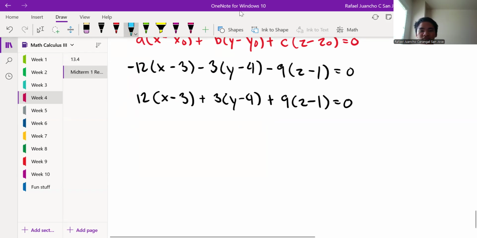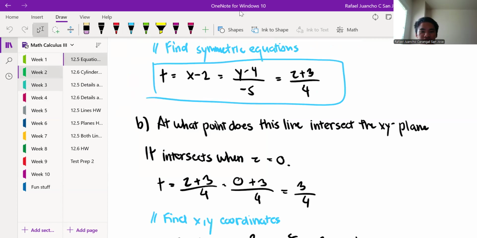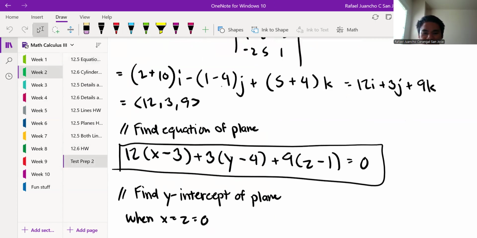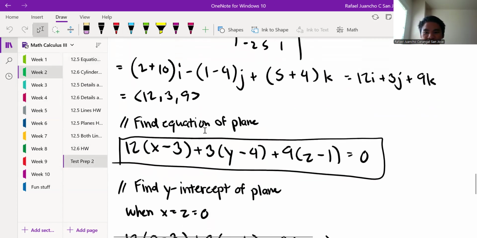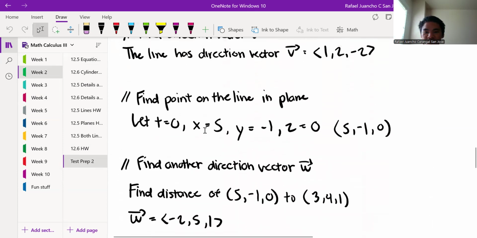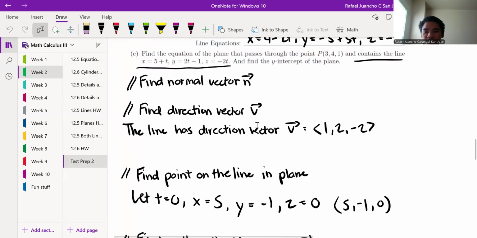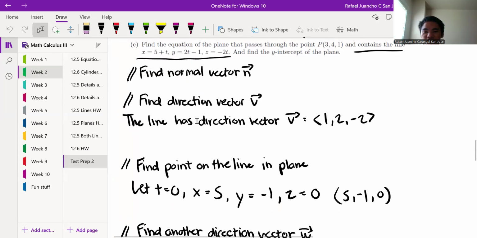I probably solved it a different way. I'm not super sure. I totally forgot how I did. Okay, so I did get the exact same thing. But how did I do it before? Also, I found a normal vector n. I need to find a direction vector.